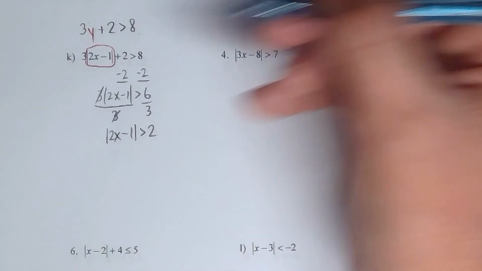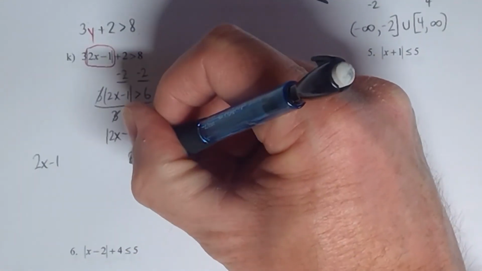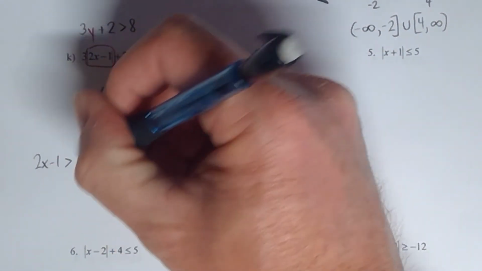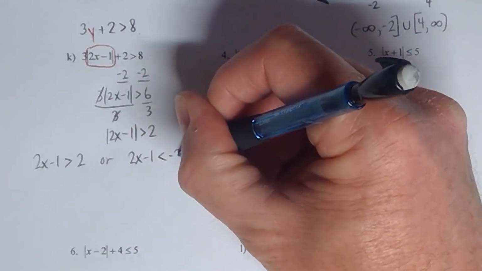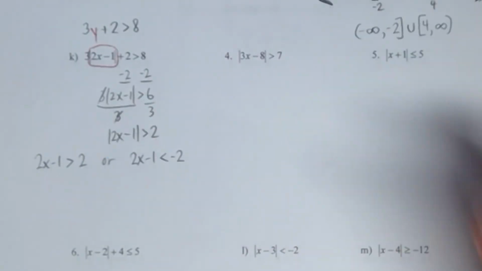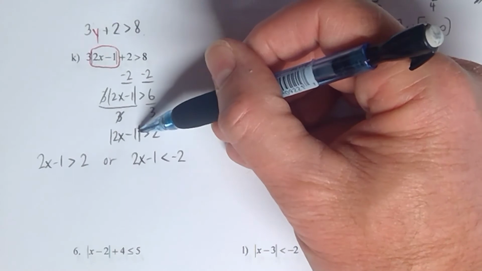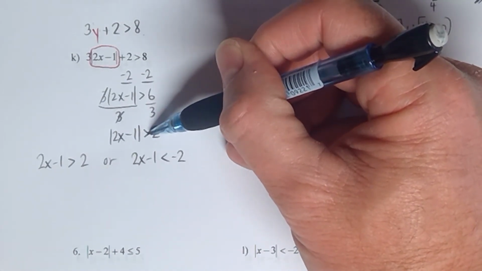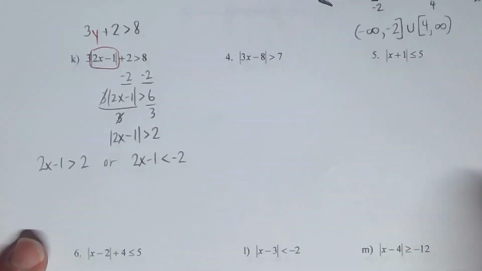That means that just like in the last problem, I write down the inside of the bars twice, like that, and then I say greater than the positive, less than the negative. No alligator feet this time. Greater than the positive, less than the negative, when the bars are greater than.